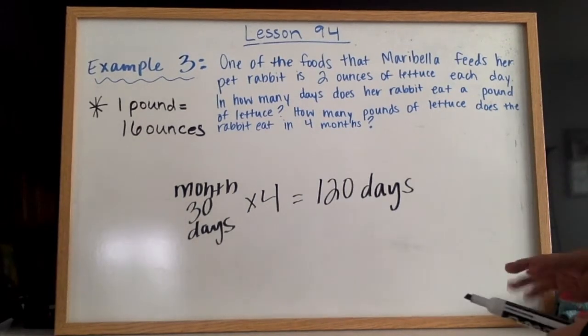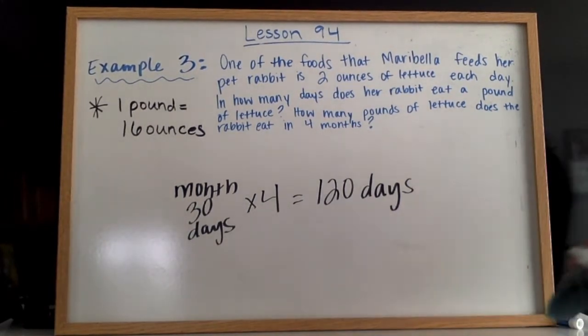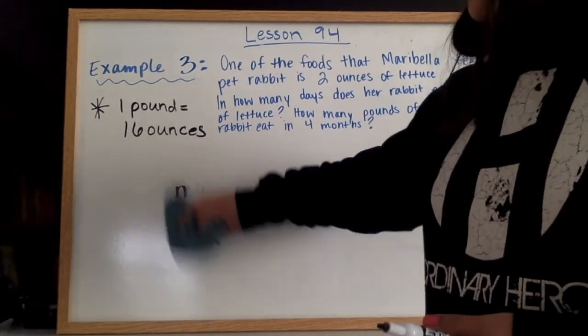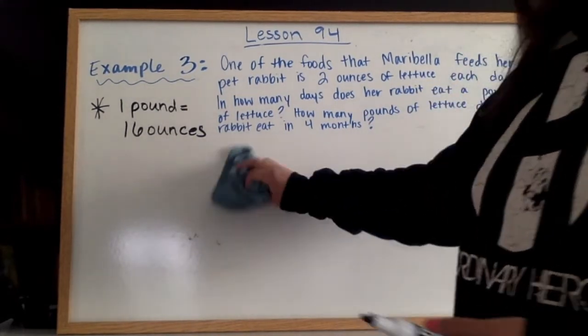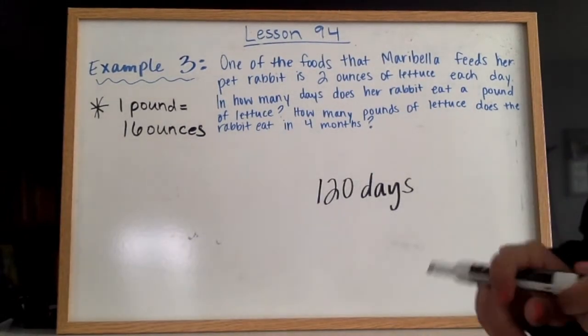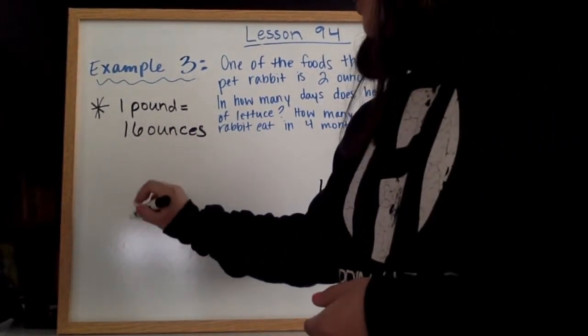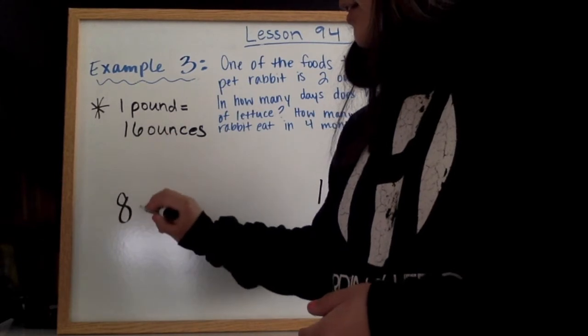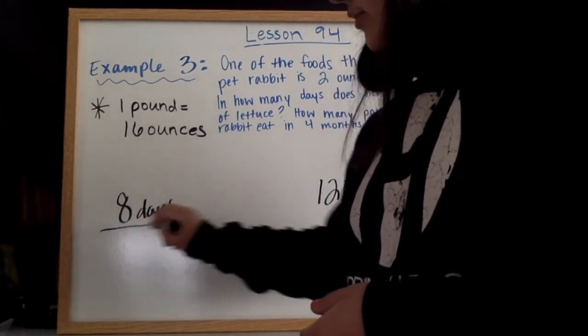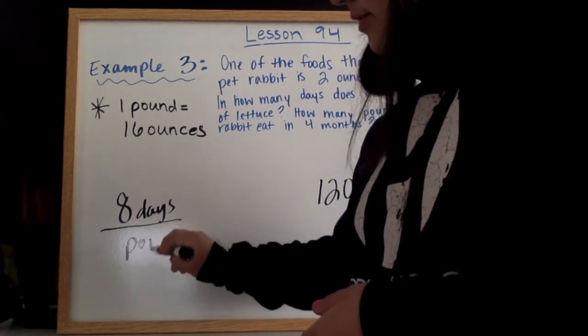So, we know there's 120 days. We're trying to figure out how many pounds that this rabbit will eat. Well, in the first question, we figured that it'll take 8 days to eat 1 pound.